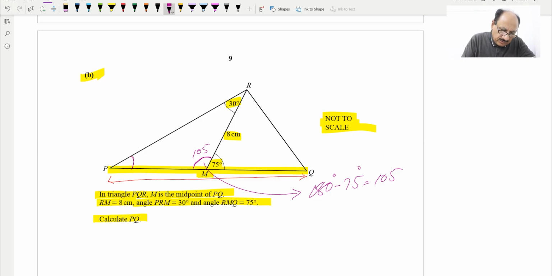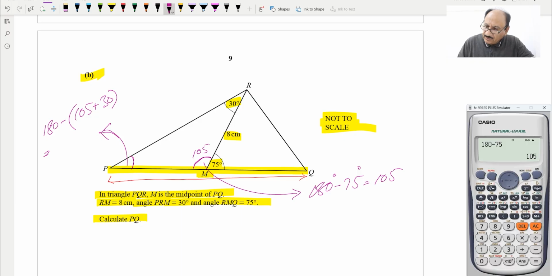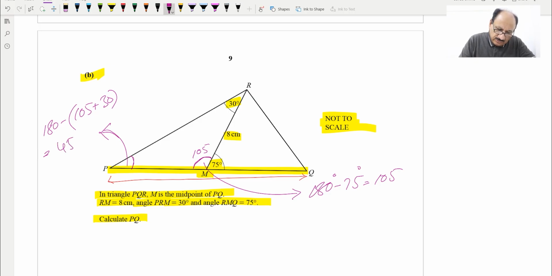And this angle we can also find. This angle will be 180 minus the other two angles, 105 plus 30. So 180 minus, in brackets, 105 plus 30. 105 plus 30 gives us 135, so we got this angle as 45 degrees.